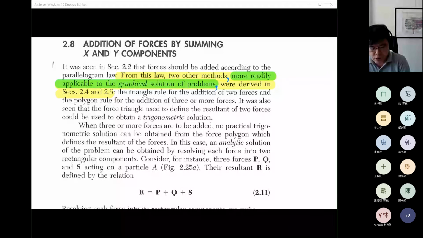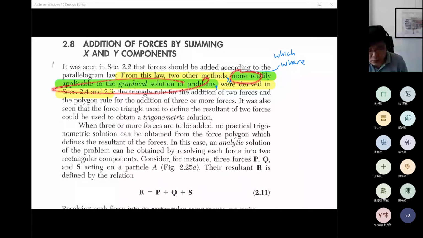And when you study English, you know that the things between 2 commas will usually start with which, where, or something similar. These are only for describing this one.